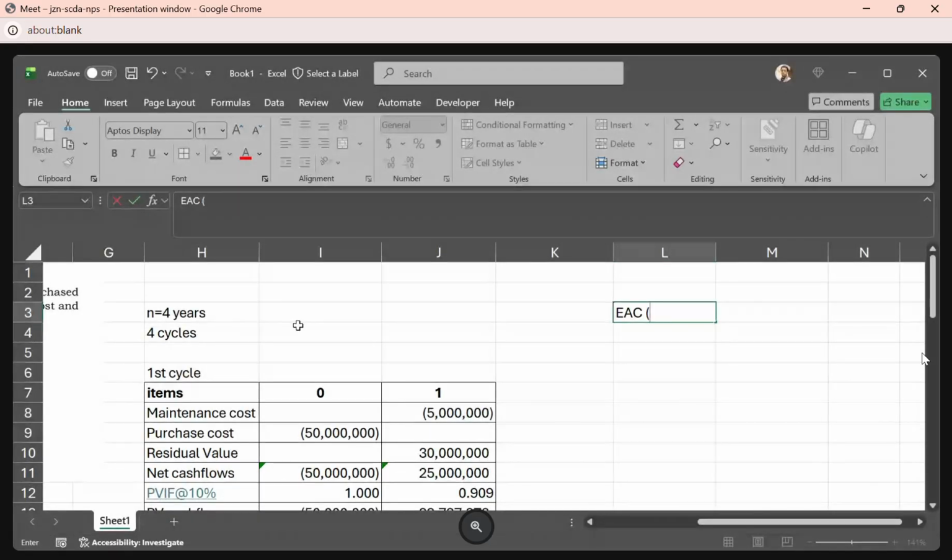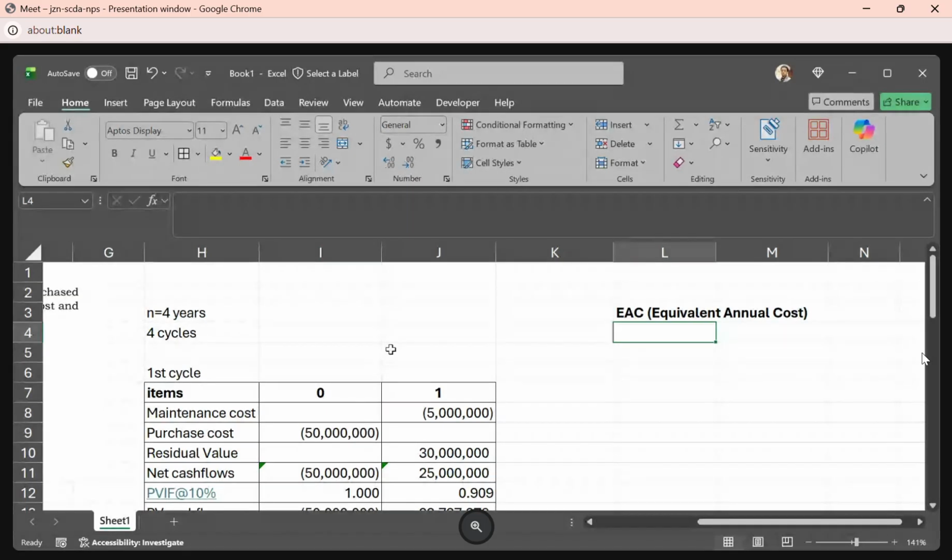It's not East African Community. This is equivalent annual cost. So we're going to have a cycle, remember, or a period, then put years or a period.